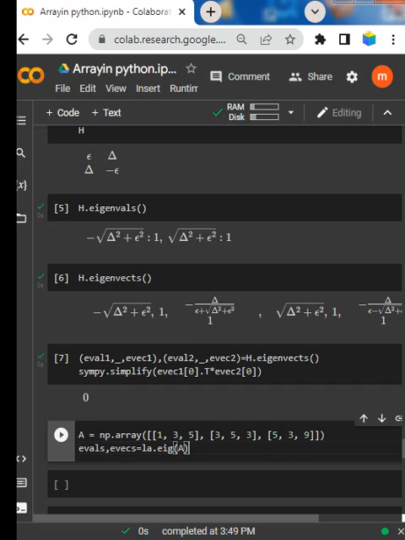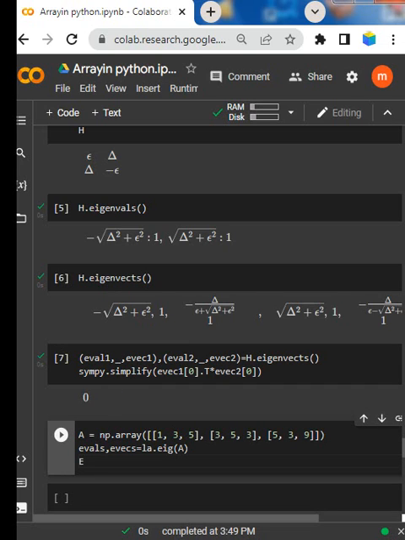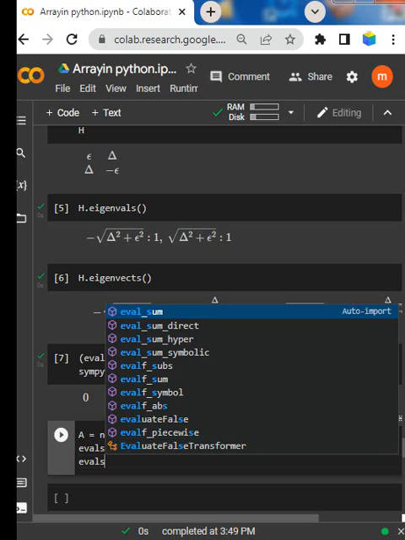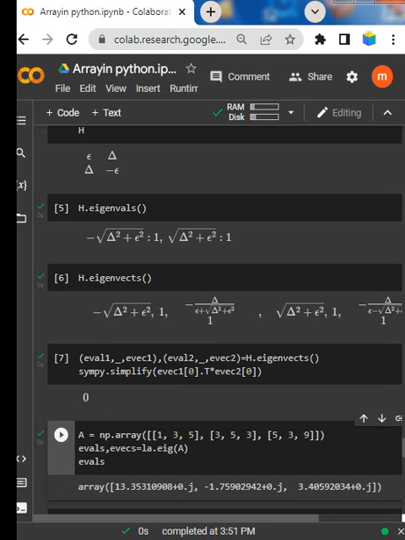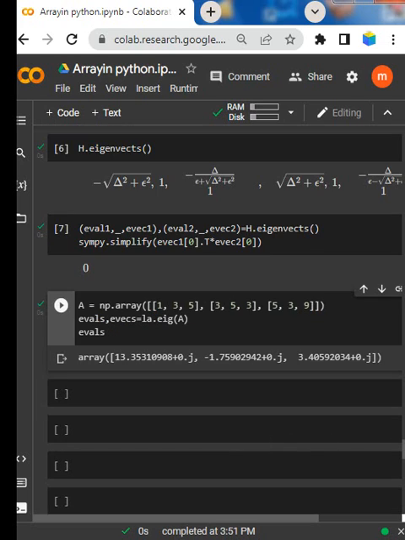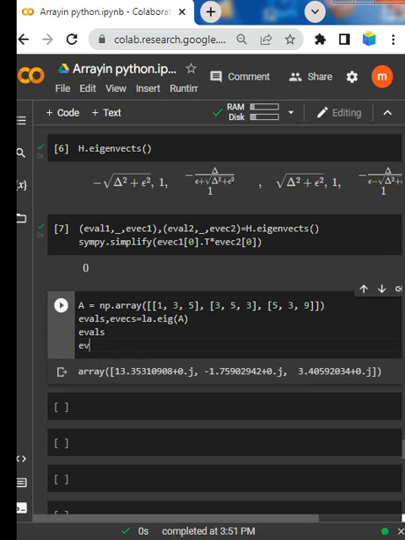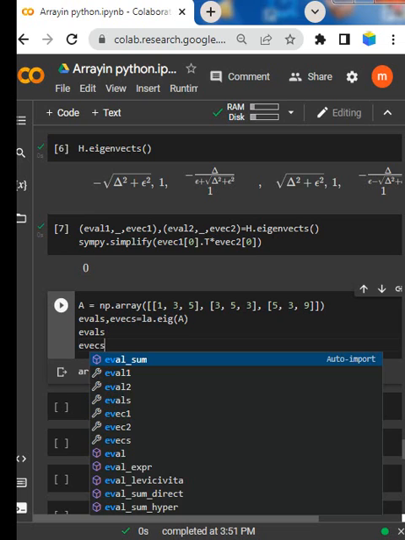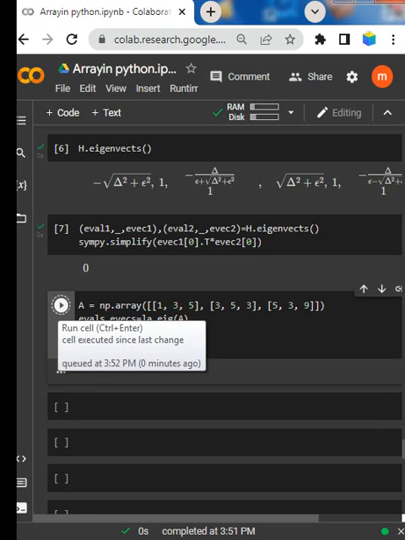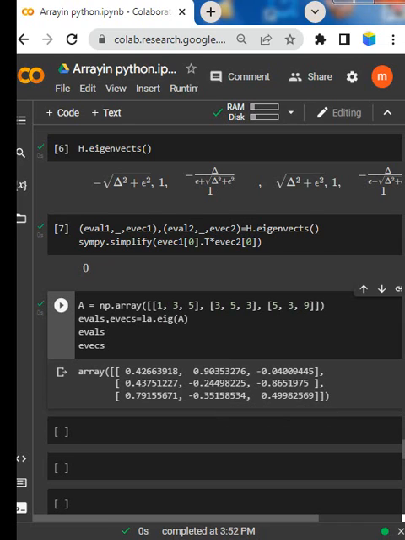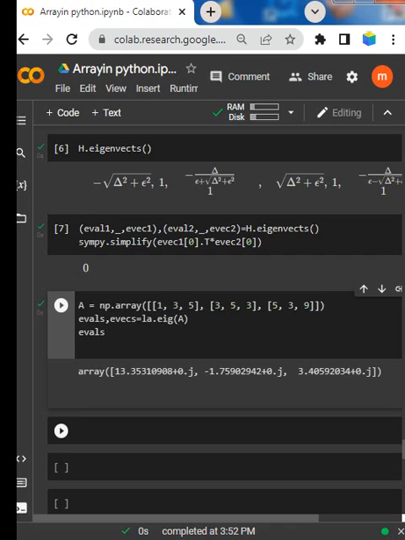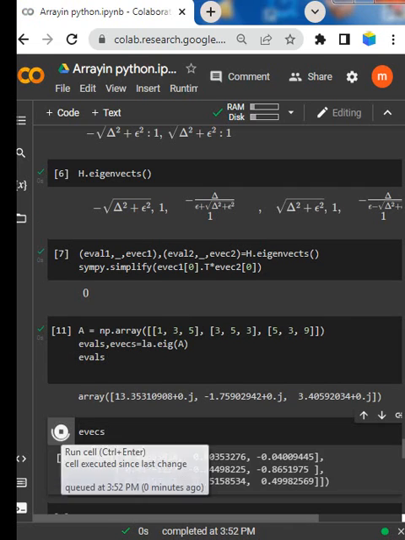Now we can print one by one. Print evals, and we can see the output. Similarly, I write evecs. So this one is the evecs, and evecs has been printed here.